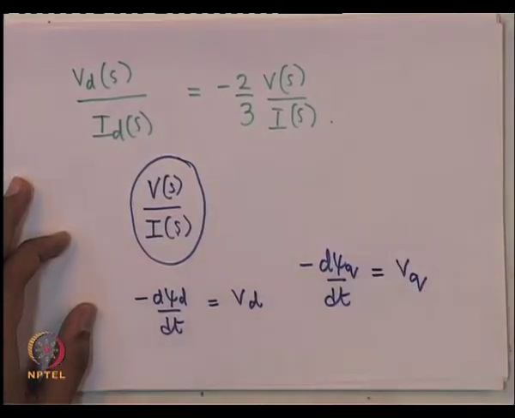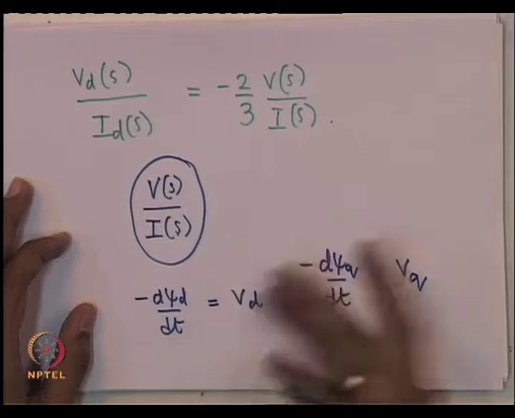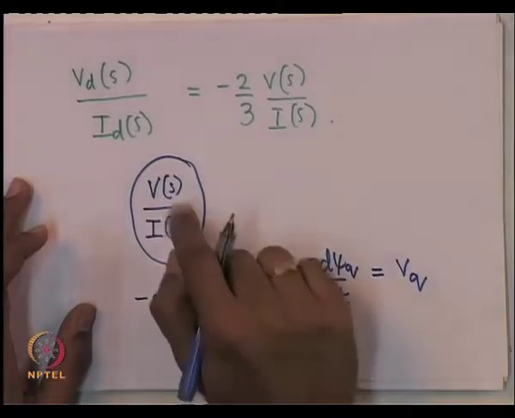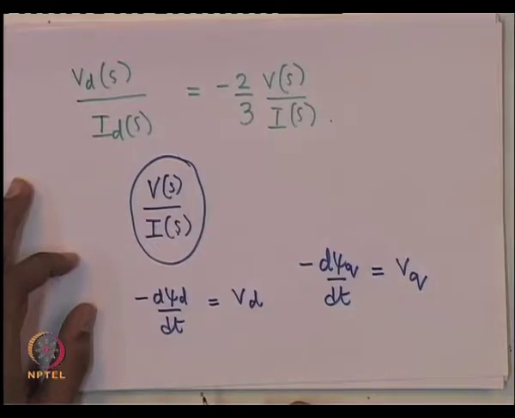This is if, of course, resistance is neglected and the speed is 0. So, these two things are obtained from those equations. The point is, once I get this transfer function, can I correlate it with what I get from the model? What is the transfer function I get from the model? We shall see shortly.